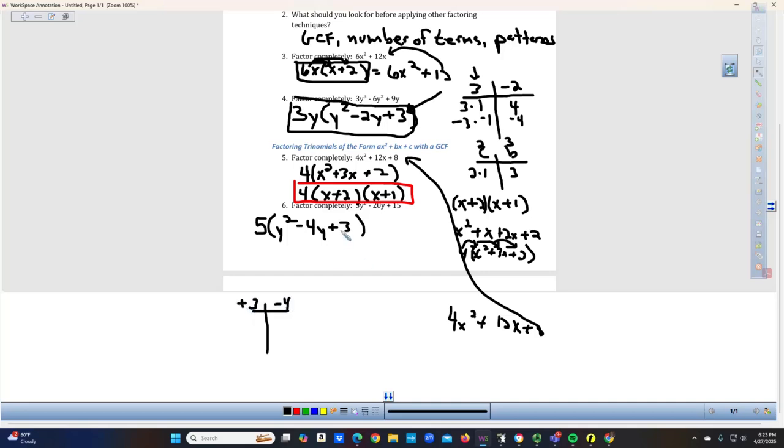If my C term is positive and my B term is negative, then both of my terms for C must be negative, right? So I know that negative 1 times negative 3 is going to be positive 3, and negative 1 plus negative 3 is going to be negative 4. Therefore, I know that my factors are going to be y minus 1, y minus 3. And it doesn't matter if you put y minus 3 times y minus 1, the order of your binomials doesn't matter.